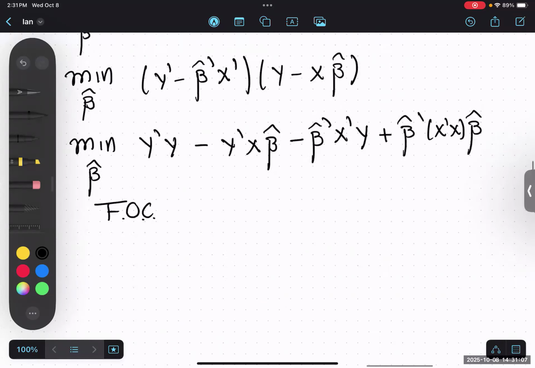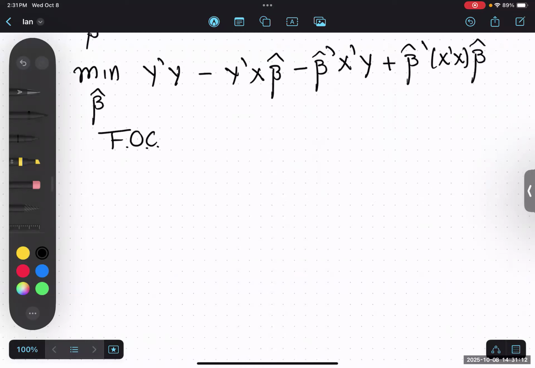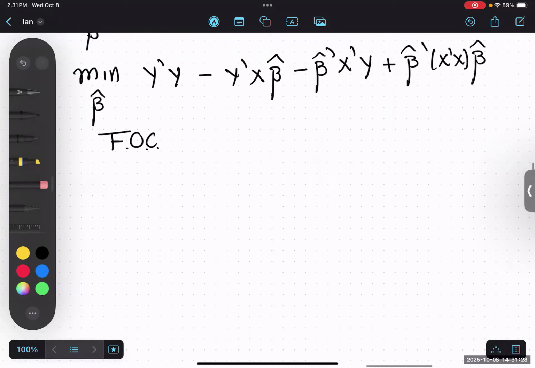So here we are going to use the definitions, or I will say specific formulas, that I introduced for the first time in the linear algebra review. Most of them are pretty similar to regular calculus. For example, in the first term of this objective function, you don't really have any beta, right?